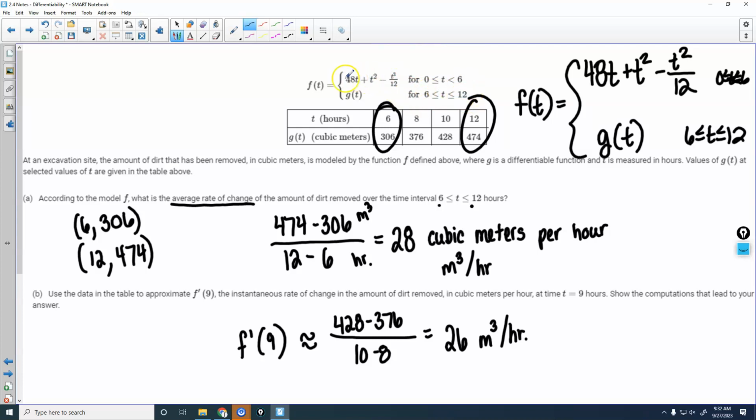Right? So, is f going to be continuous from 0 to 6? Okay? It is because it's got a cube right there. It's just a cubic function, or you could call it a polynomial function.